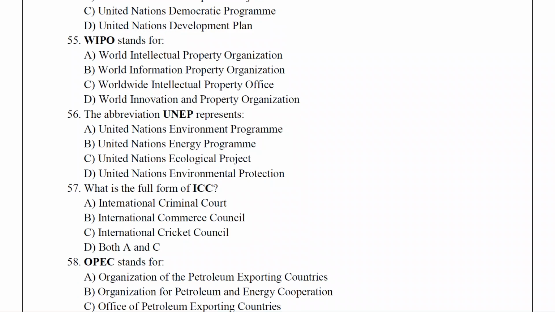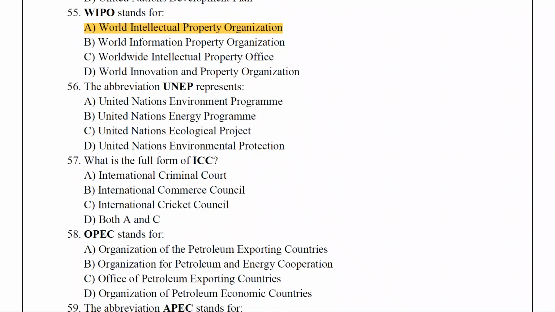WIPO stands for World Intellectual Property Organization. The abbreviation UNEP represents United Nations Environment Program.